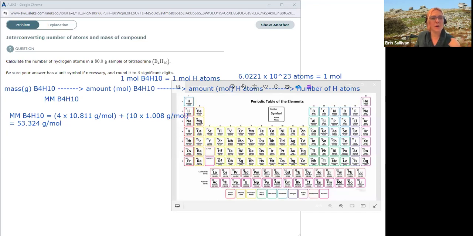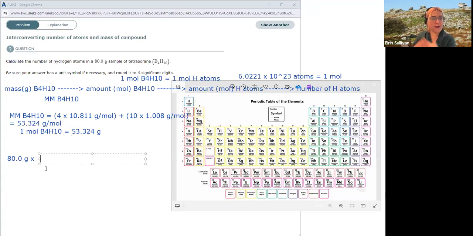So now we're going to follow along this flowchart. We're going to start with the mass of B4H10, which was 80 grams. We're going to use the molar mass as a conversion factor. So if you like, write it out as an equivalency. For every 1 mole of B4H10 equals exactly 53.324 grams, for the amount of sig figs I've got on my periodic table.